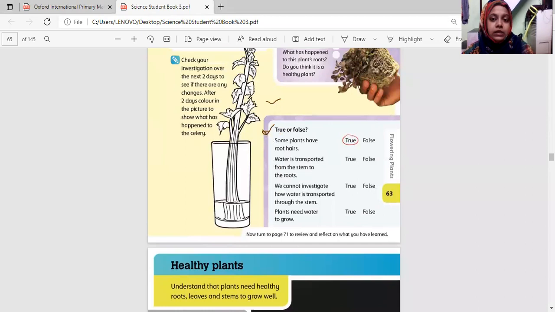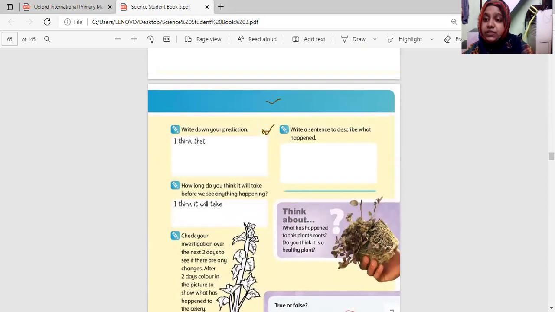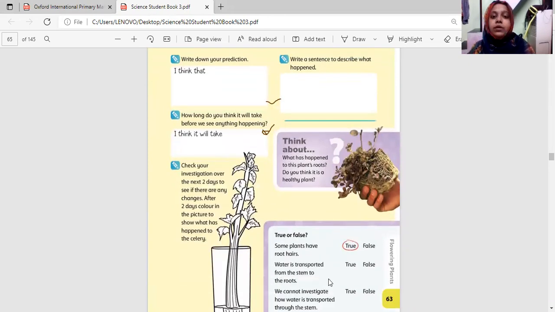Okay. Here again we have something very interesting. We can have a look at this picture. Does this plant look healthy? No, the plant does not look healthy. What does it look like? It looks like the roots of the plant have been squashed up.